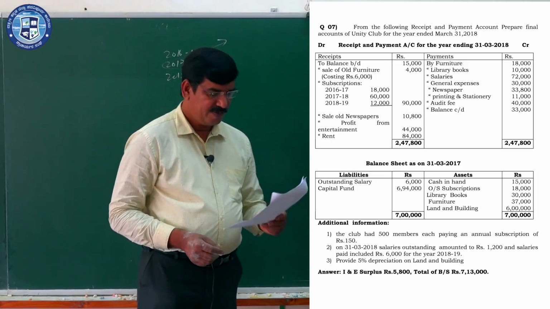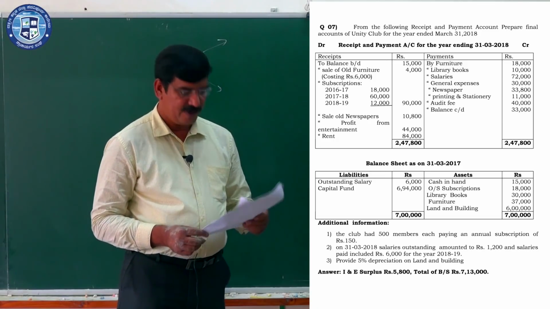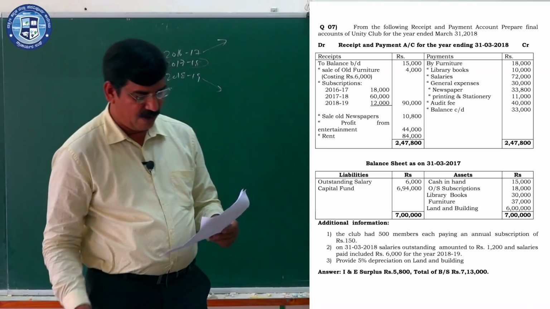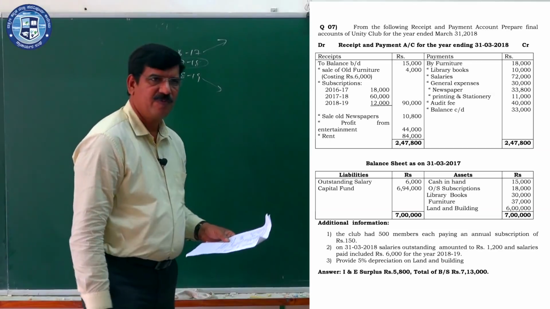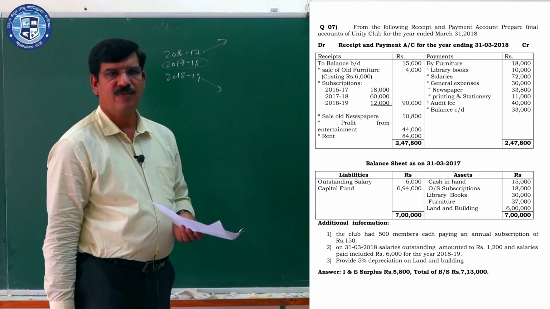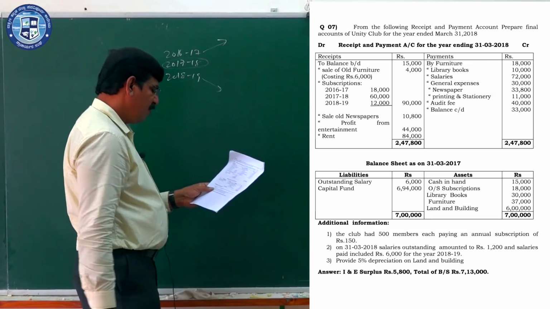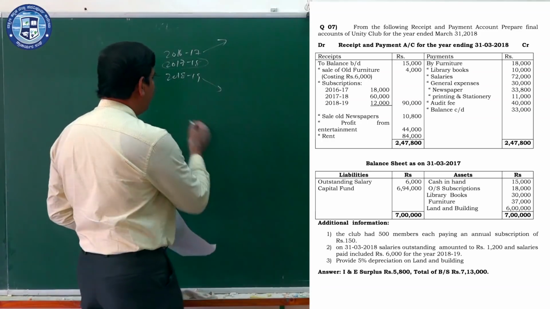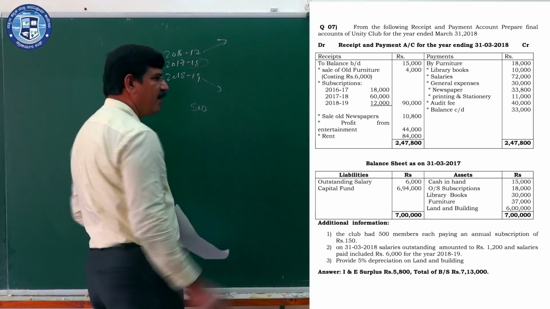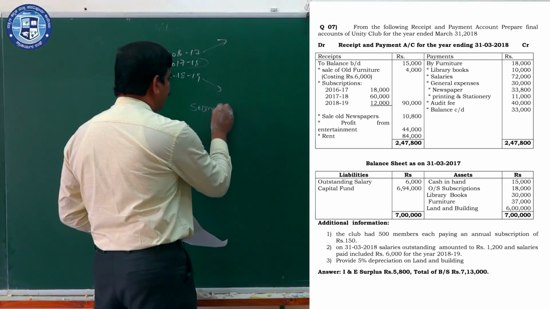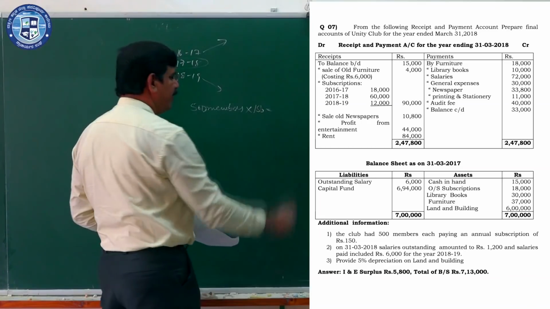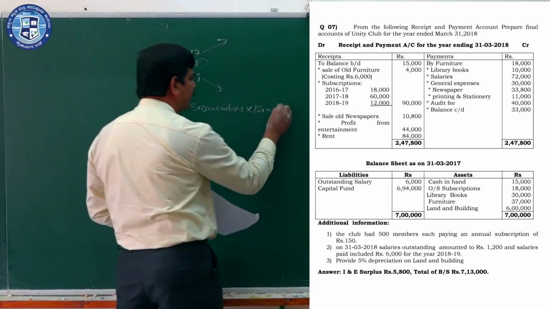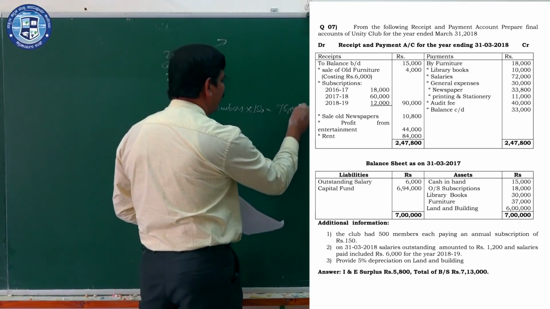Now let us look at the adjustments. The club had 500 members, each paying an annual subscription of rupees 150. So there are 500 members, each member is paying 150, then what is the total amount of subscription? The total of subscriptions will be 75,000.